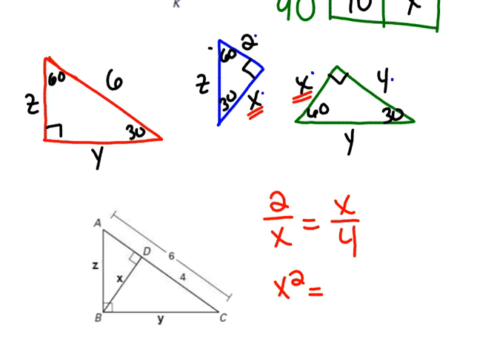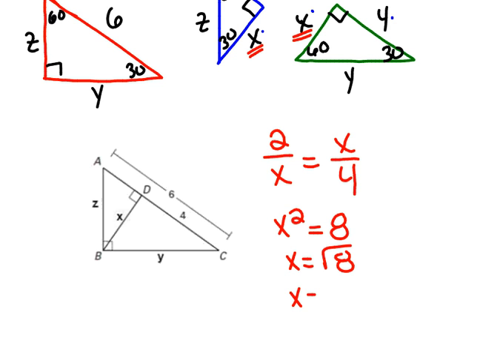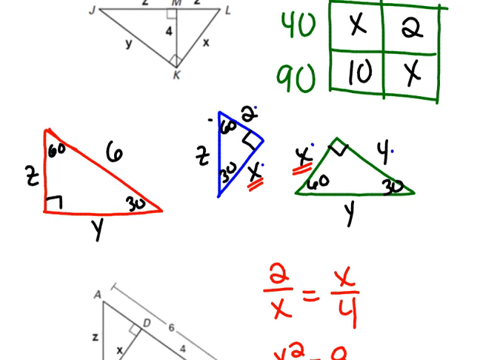So we have x squared equals 8, x equals the square root of 8, x will equal the square root of 4 times the square root of 2, x equals 2 square root of 2. So let's replace that in the diagram to make our problem a lot easier. x equals 2 square root of 2. This is 2 square root of 2.